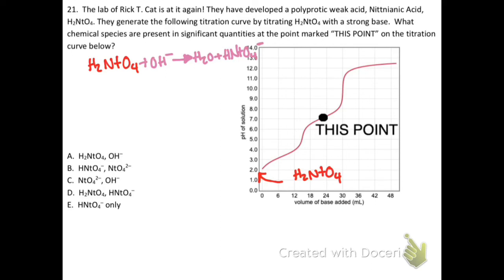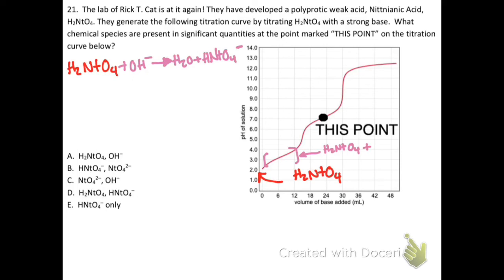And let me move that so you can see it a little bit better. So what we're going to have is, we're going to end up going through this buffer zone. And in this buffer zone, we're going to have both H2NTO4 and HNTO4 minus.